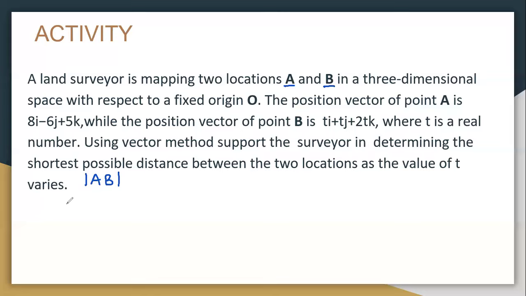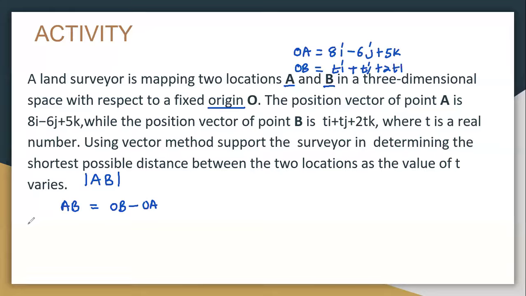So now here I'm going to say, we know that the position vector AB is the same as OB minus OA. Now, from the question, they have given us the position vectors from the origin. So that means that your O to A is 8i minus 6j plus 5k, and they have given us O to B as ti plus tj plus 2tk. Why don't I first allow you to get AB in terms of t?